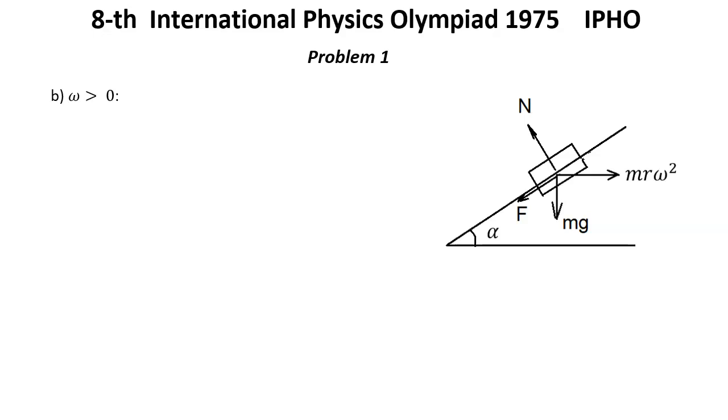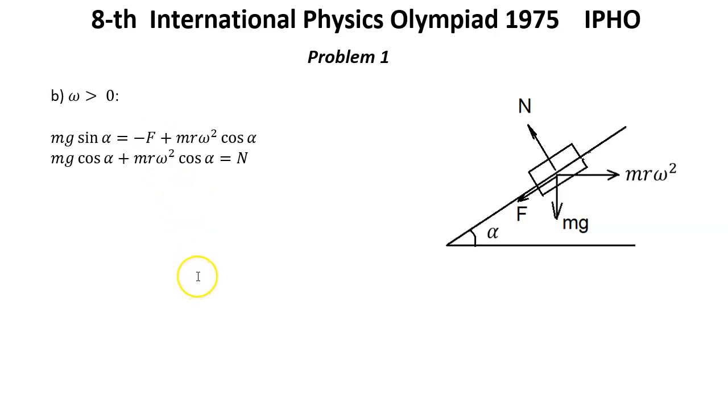Now let's check what happens in case B when r omega square is big enough that the force of friction F must go downhill to compensate the ability of the body to go up and right. So in that case we can rewrite our equations in the form of this one, where the force of friction F changed sign.